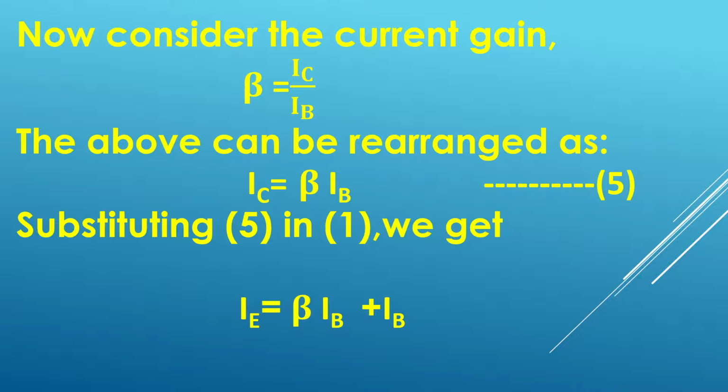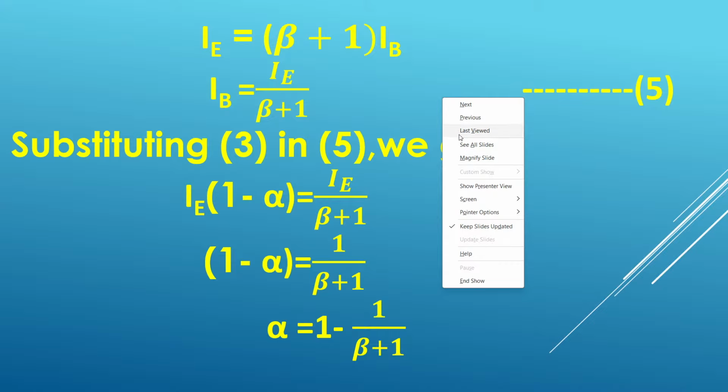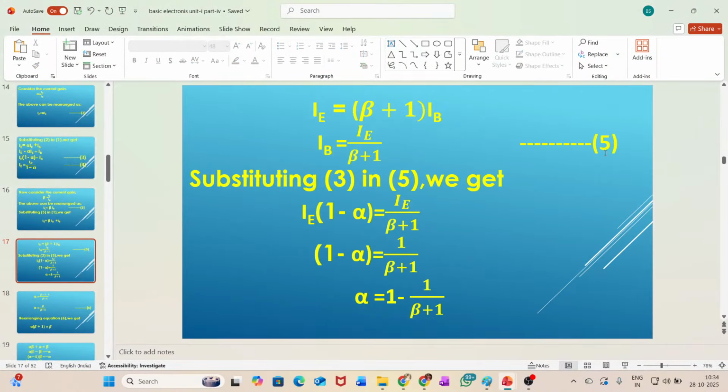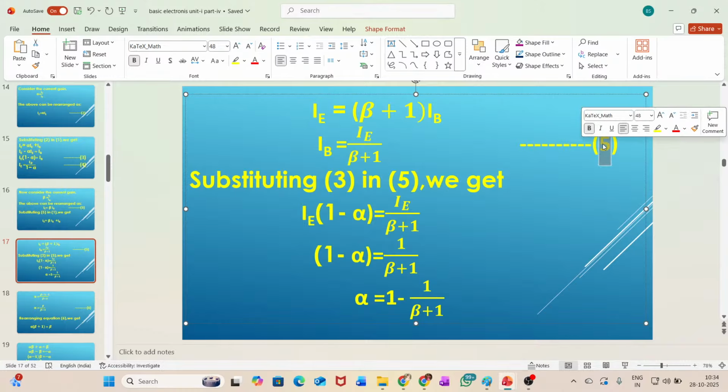I am just changing this slide. So from this expression, what is the next step? Taking IB common. One second, I will just change the numbering. This is 6.